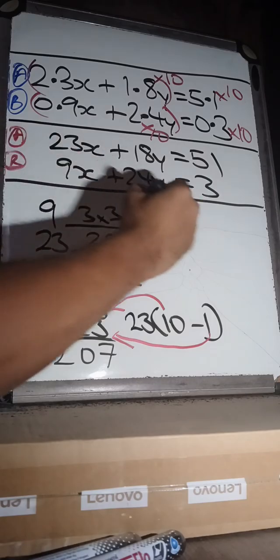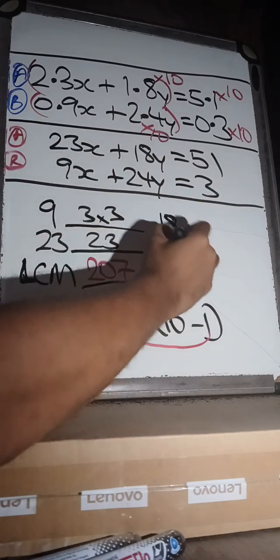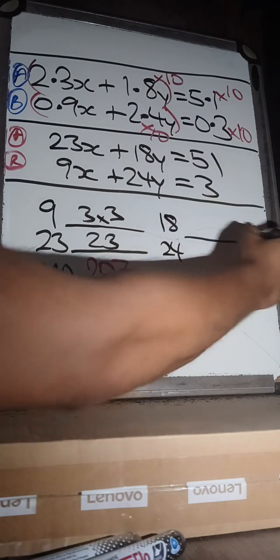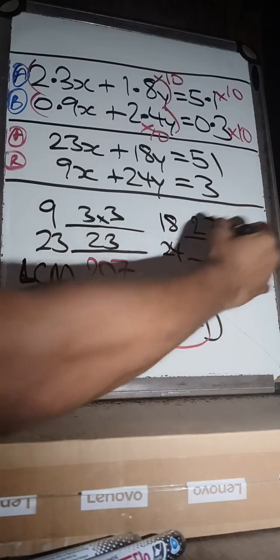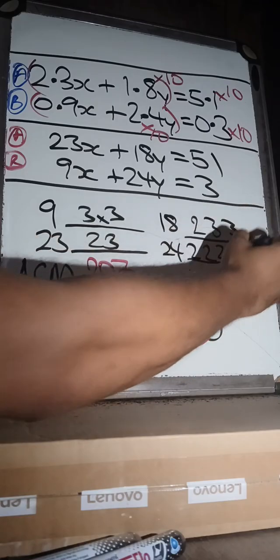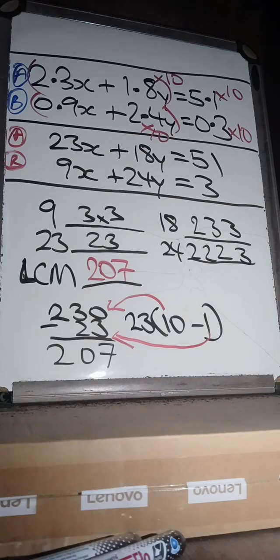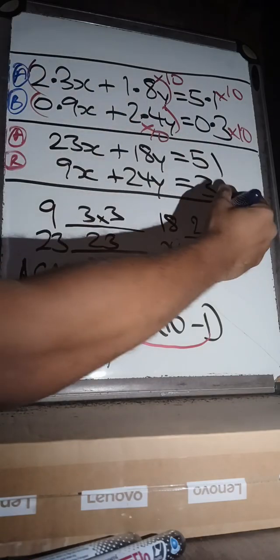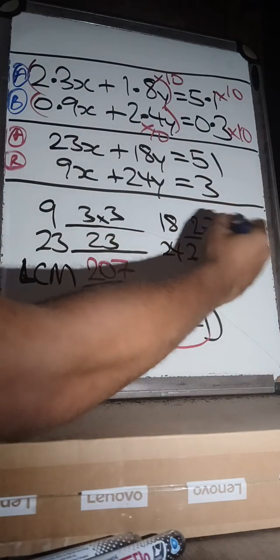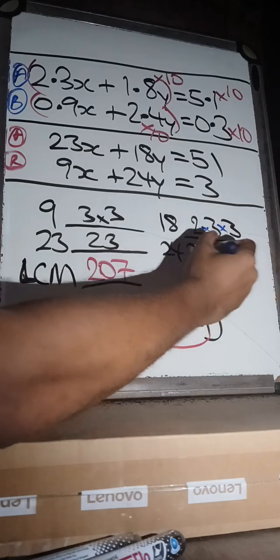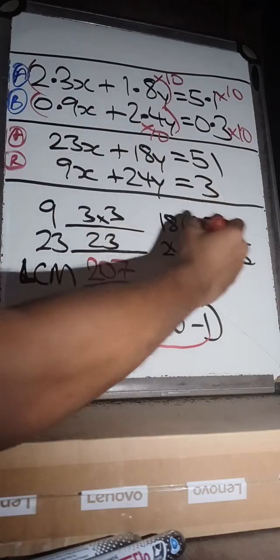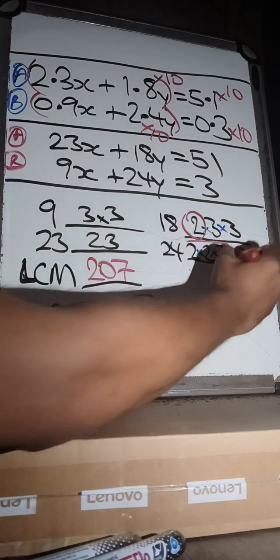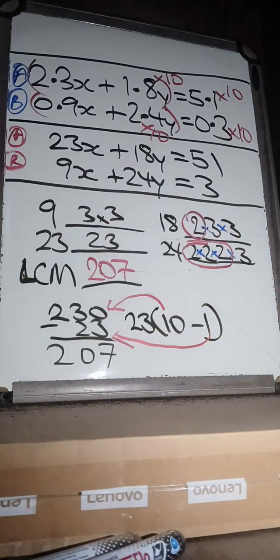No, the 18 and the 24. 18 and 24 is different now. This is 2 by 3 by 3. So this one now we have to be a little bit more careful with. So circle this and circle that.